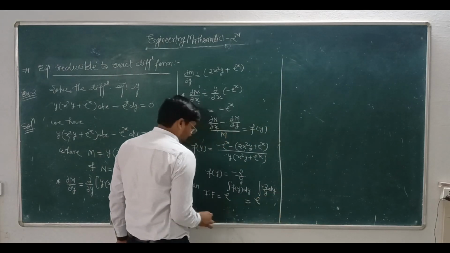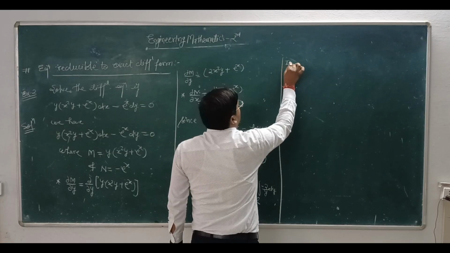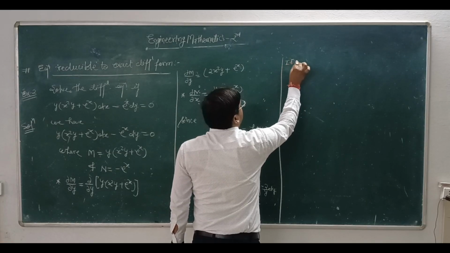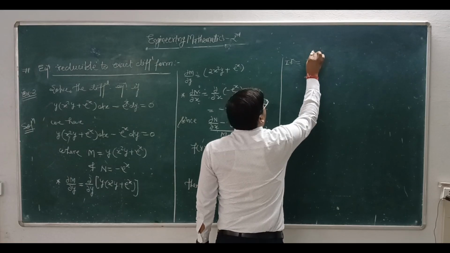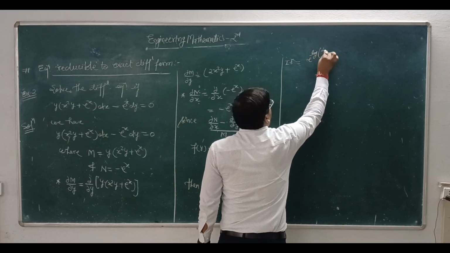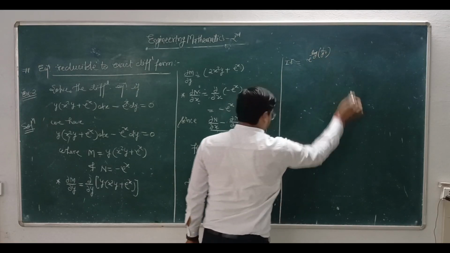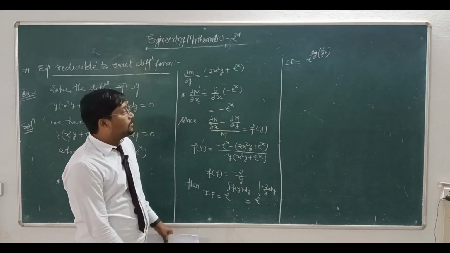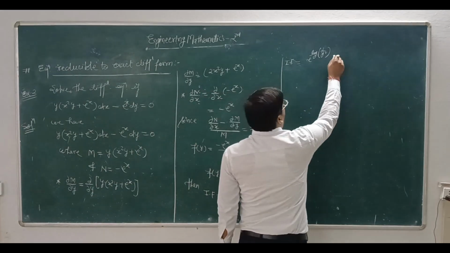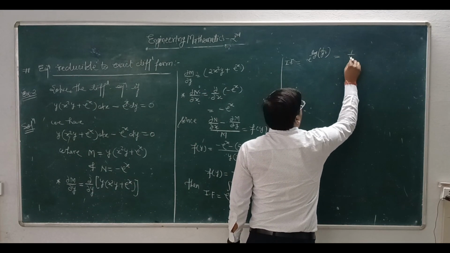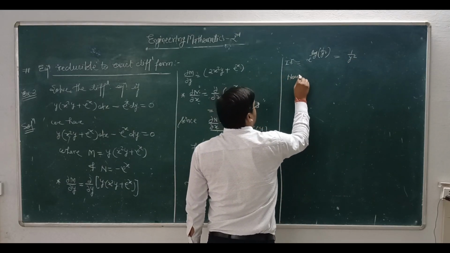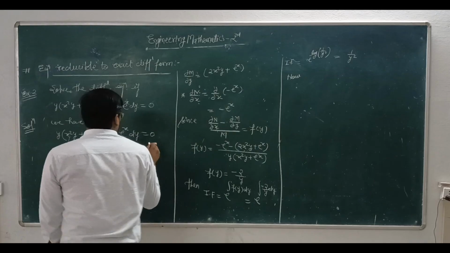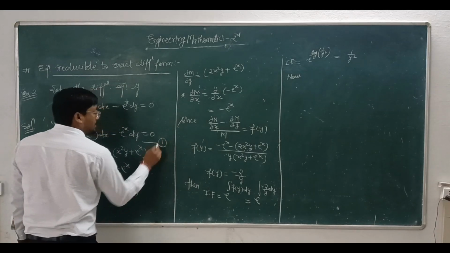Now you can write IF is equal to e to the power log 1 upon y square, which is 1 upon y square. Now this is equation number first.